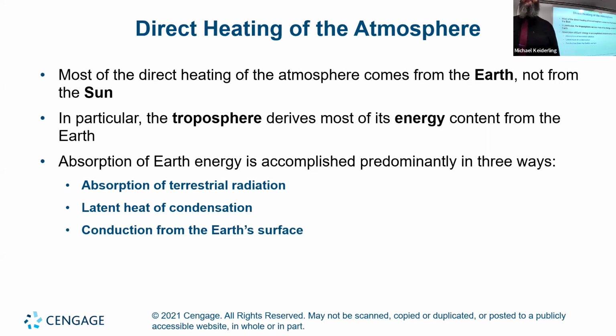That last one is the least significant because it really only affects stuff that's right near the surface. And air is not a great conductor of heat. But that does warm air up and can cause it to rise or sink. It has big effects on weather, but isn't the main way that energy gets transmitted.